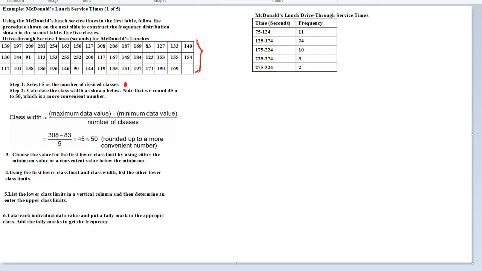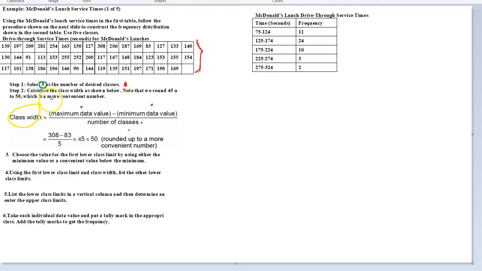Okay. Now, next, we are going to have to find what the class width is. How do we find the class width? We take the maximum data value minus the minimum data value, divided by the number of classes, which is the 5, because that's what we defined in the beginning.